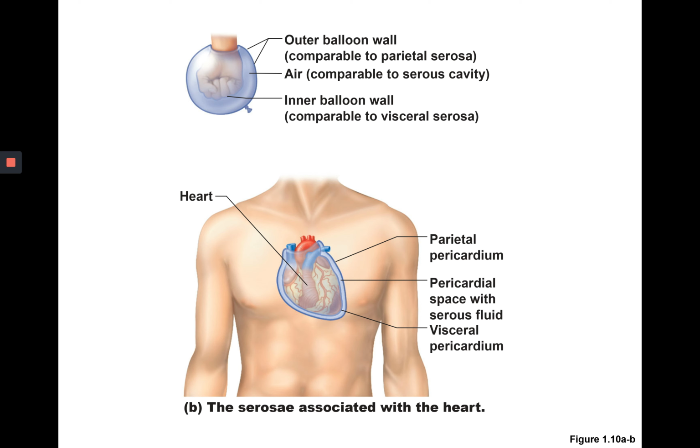The part of the balloon that doesn't touch your hand is the parietal layer or parietal serosa. And the air or space between the two layers is where the serous fluid or the slit-like cavity is located. Notice, however, that these two layers are not actually separate. They actually come together and fold in on themselves at the top. That's exactly how serous membranes are structured.